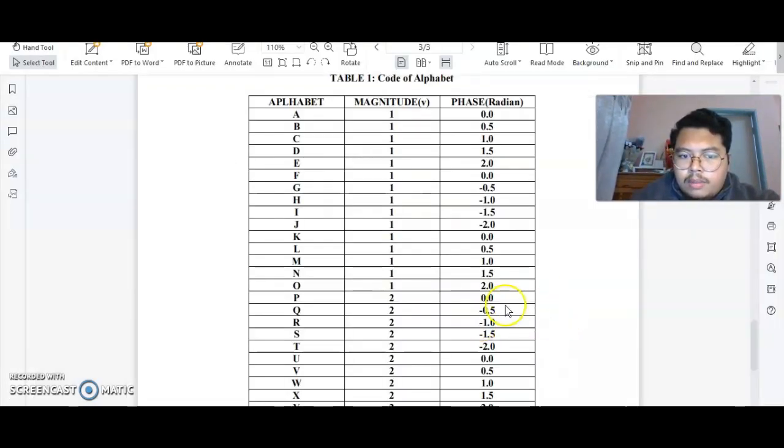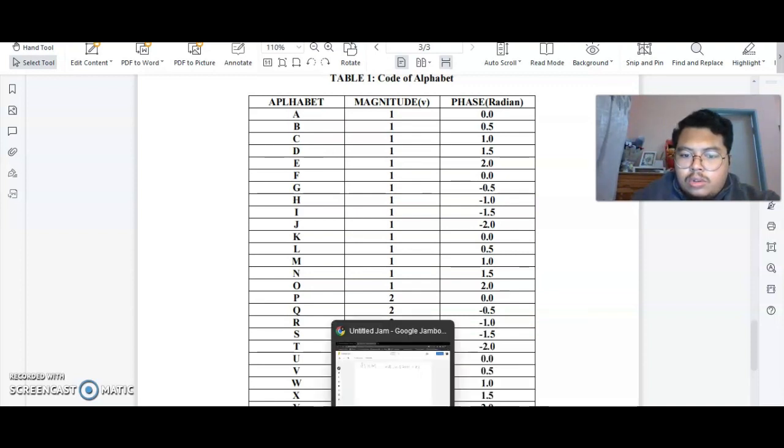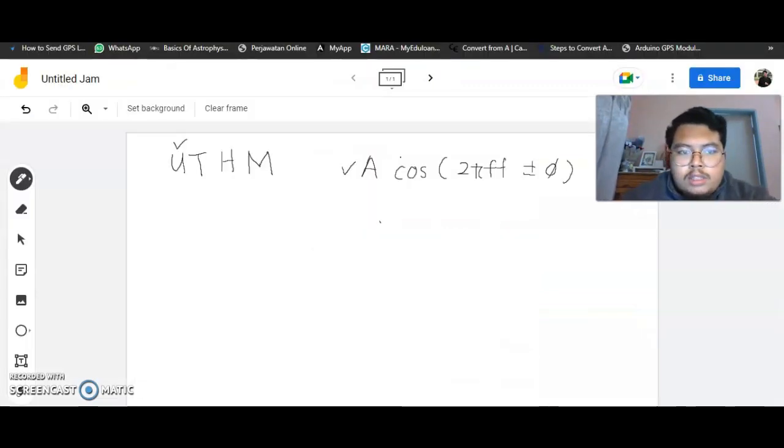Let's say we want to interpret u. The magnitude is 2 and the phase angle is 0. So we interpret it as 2 cos 2 pi ft. The phase is 0, so the equation will be like this.